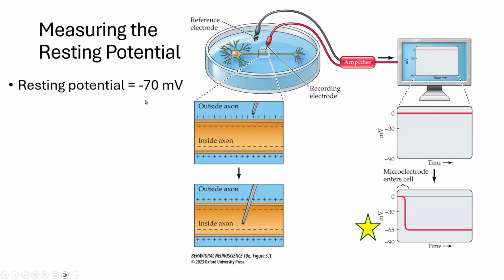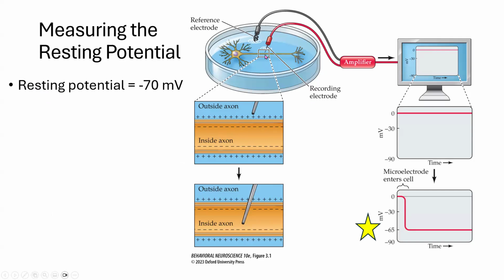So we said that there is a resting potential. What that means is that naturally, when the neuron is not firing, it's just chilling out, it has a negative charge inside and a positive charge outside. We're separating the outside and inside with a membrane, of course.